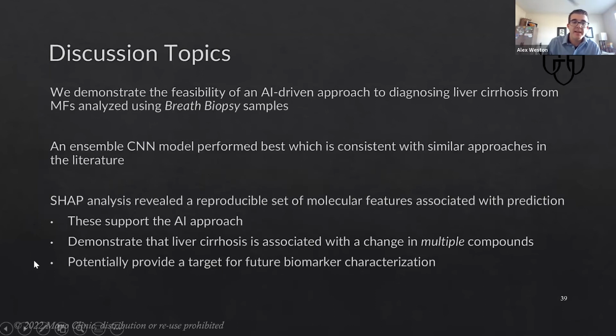And finally, our SHAP analysis revealed a reproducible set of molecular features that are associated with prediction, which support the viability of our approach and demonstrate that cirrhosis is associated with a change in many compounds within this metabolic profile, and hopefully provides a target for future biomarker characterization.